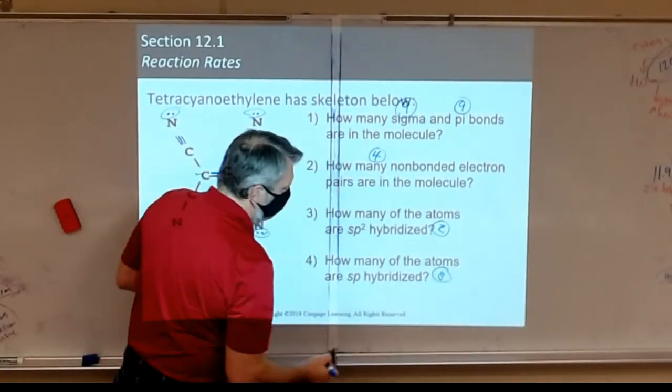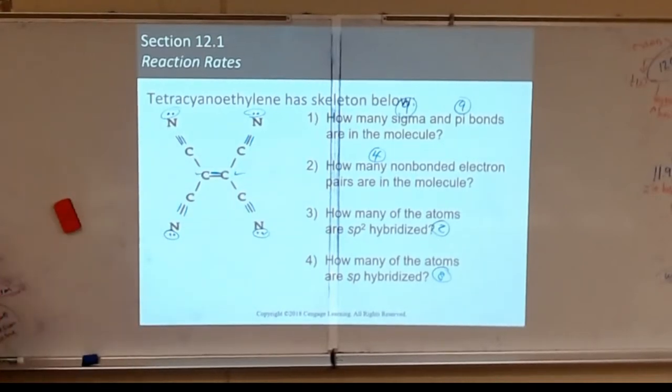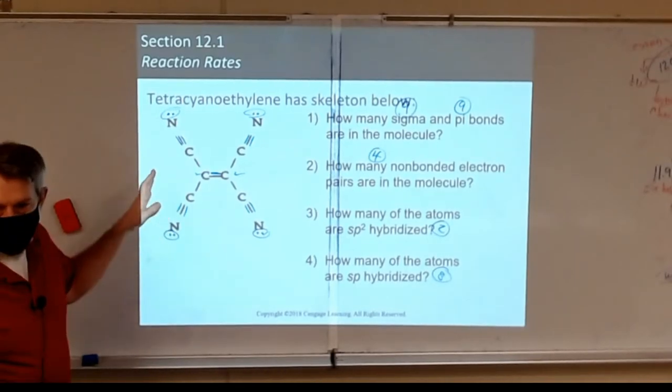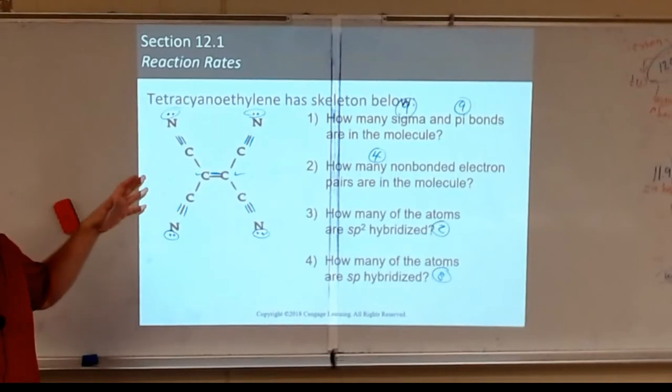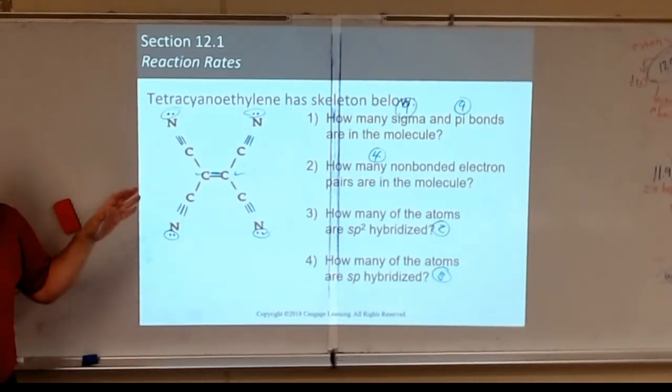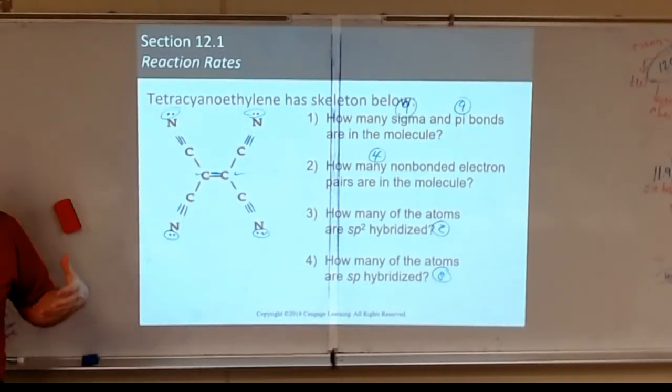8 are sp hybridized. Like I said, there were some ring structures and another couple of skeletons. It depends on what test you got because they're coming out of a bank. But the questions you're going to get on the test, even on the big AP exam, will be about this simple. You're only going to get 1 or 2 of those, 2 at the most. This is not supposed to be challenging.